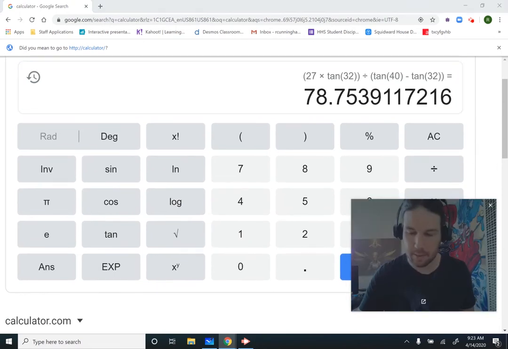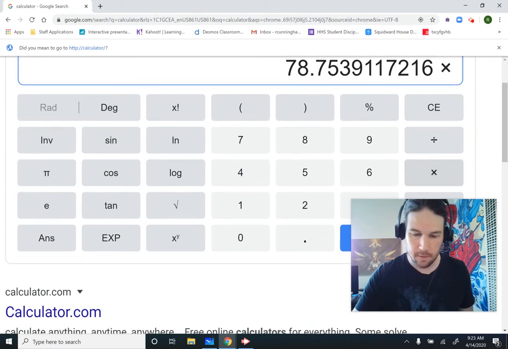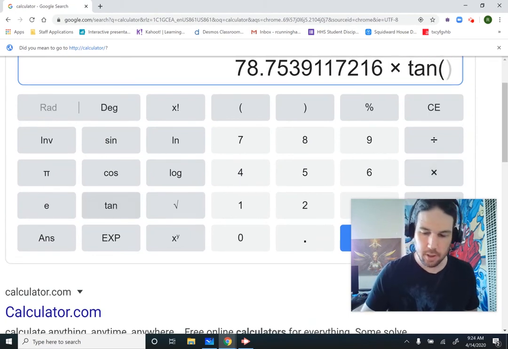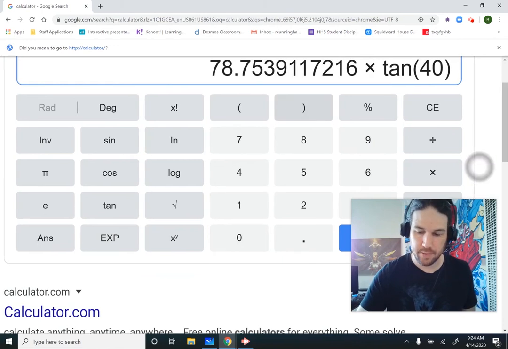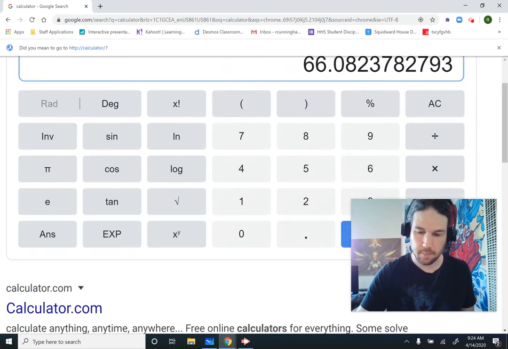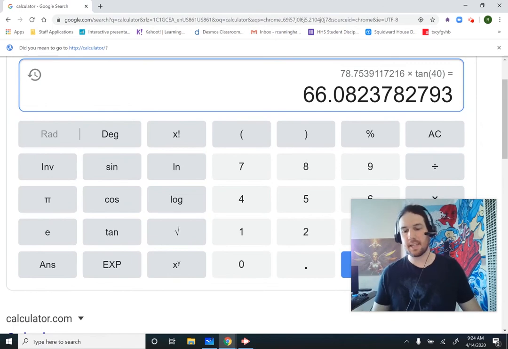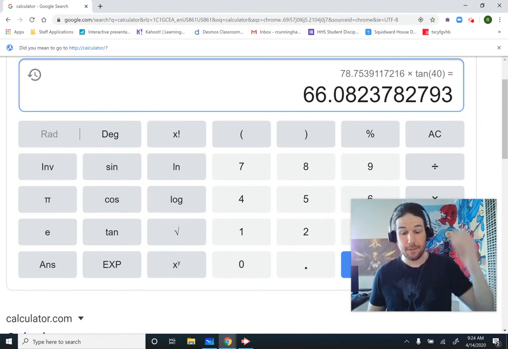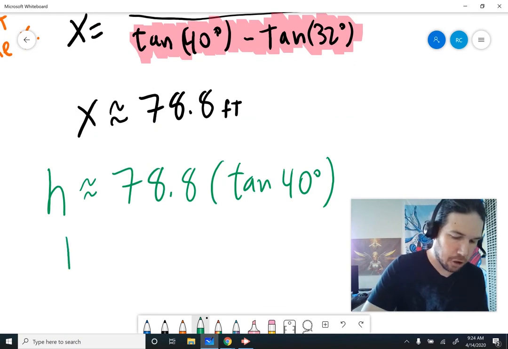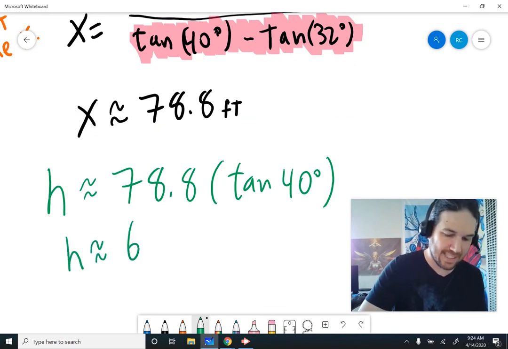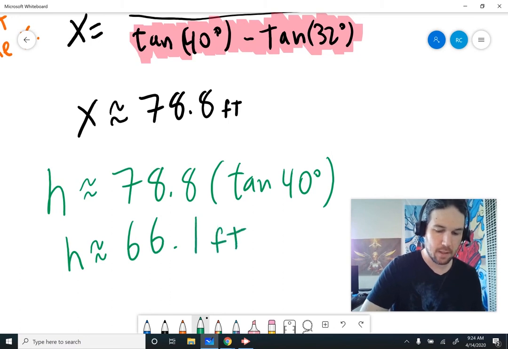I'm going to say times tangent of 40 degrees, end parentheses, equals 66.08 feet. So I get h is approximately equal to 66.1 feet.